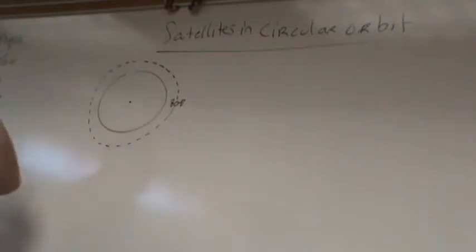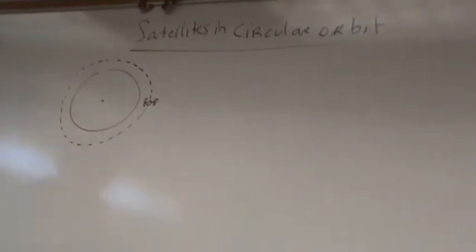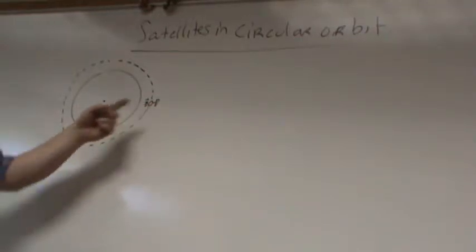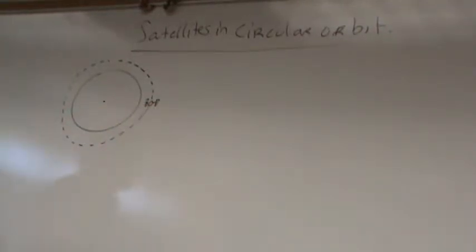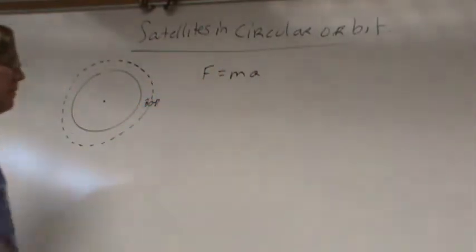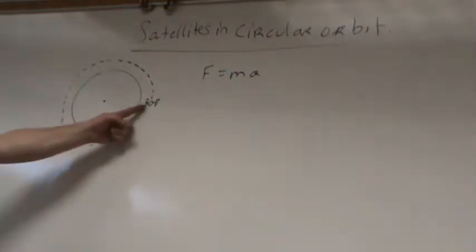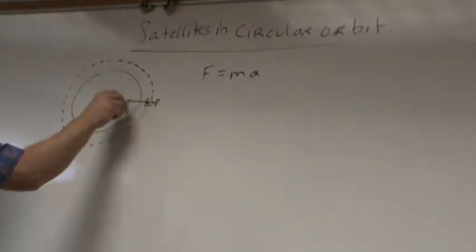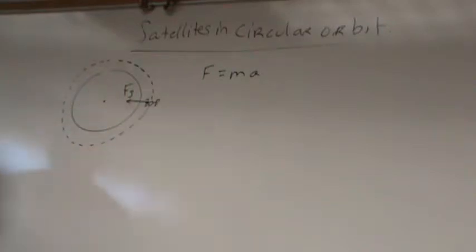This satellite's moving in a circle, so something is responsible for making it move in a circle. Tell me, what is providing the centripetal force for the satellite to move in a circle? Yeah, gravity. So when we do F equals ma, the only force acting on this satellite is gravitational force.